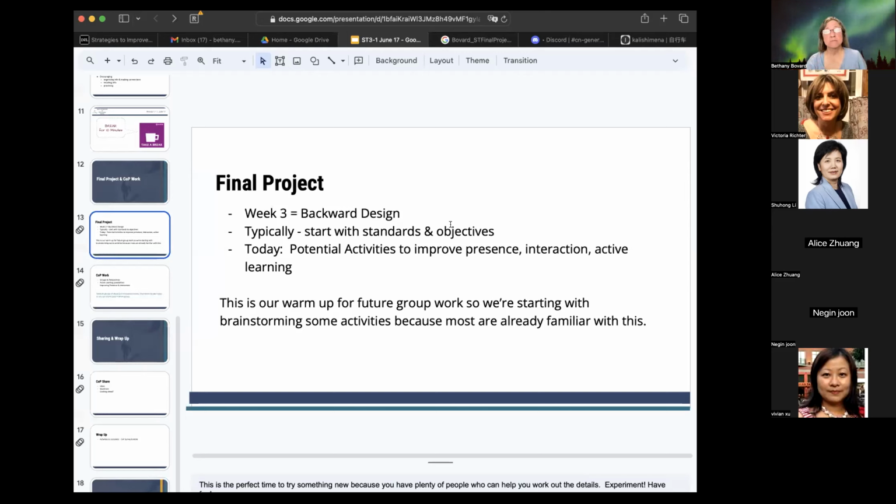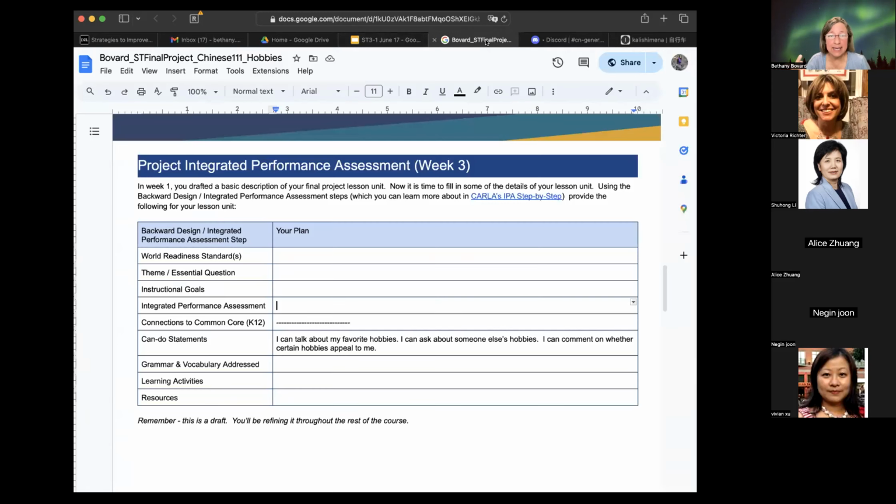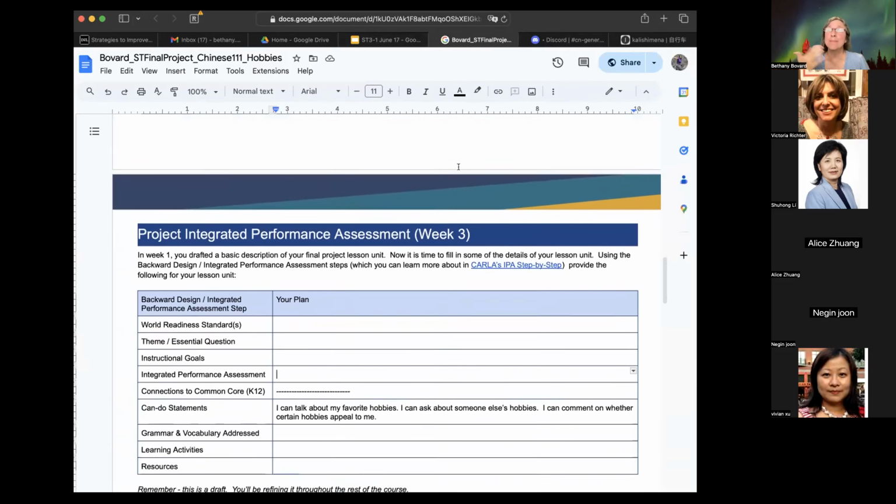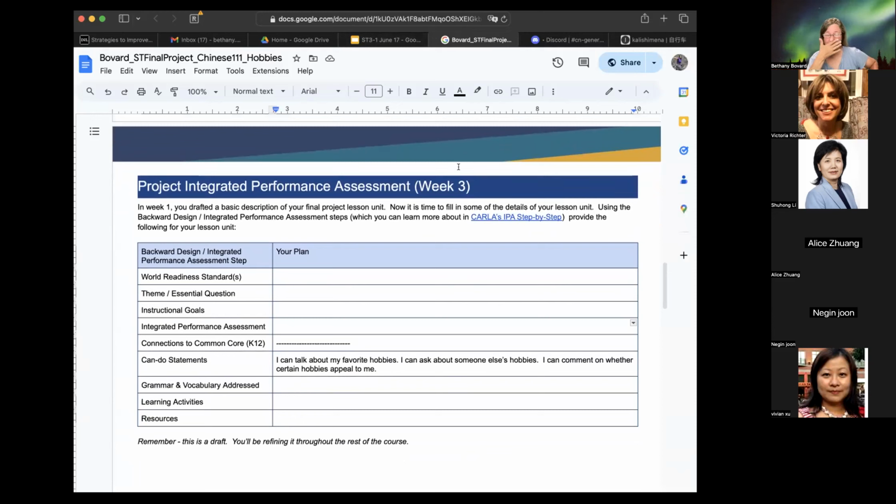For example, mine is on hobbies and pastimes, fairly typical for any language learning class. Suggest to me an active learning strategy or a way to increase cognitive, social, or teaching presence in this unit. It could be any language, of course. It doesn't have to be Chinese.